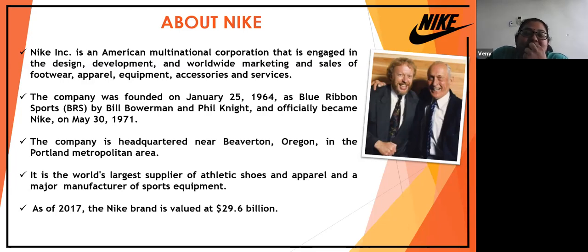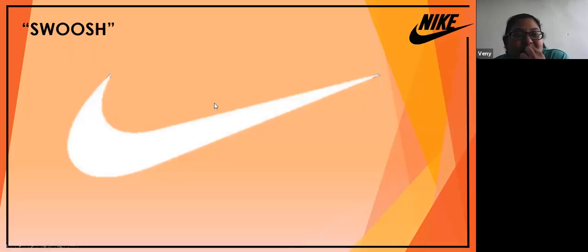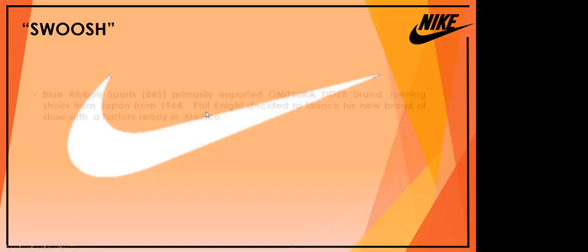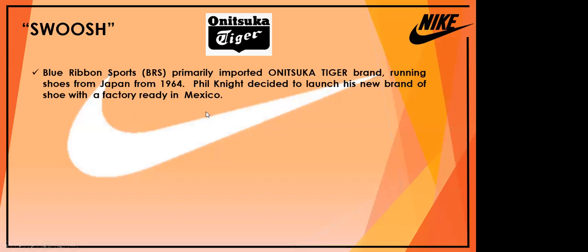It is the world's largest supplier of athletic shoes and apparel and a major manufacturer of sports equipment. As of 2017, the Nike brand is valued at 29.6 billion. This is the swoosh.